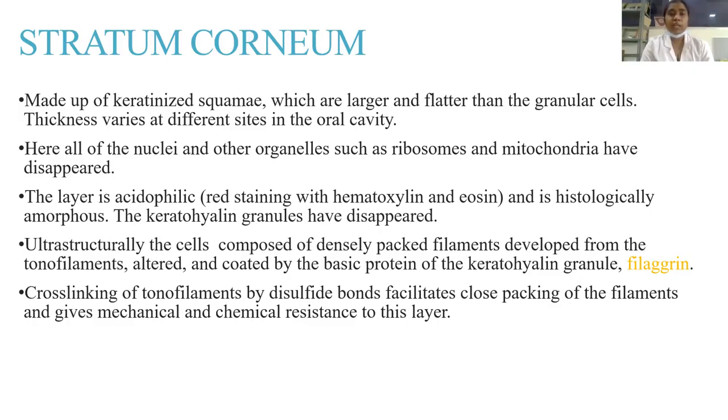The keratohyalin granules have disappeared. Ultrastructurally, the cells are composed of densely packed filaments developed from the tonofilaments, altered and coated by the basic protein of keratohyalin granules, that is filaggrin. Cross-linking of tonofilaments by disulfide bonds facilitates close packing of the filaments and gives mechanical and chemical resistance to this layer.